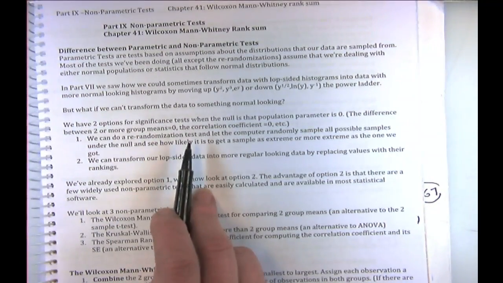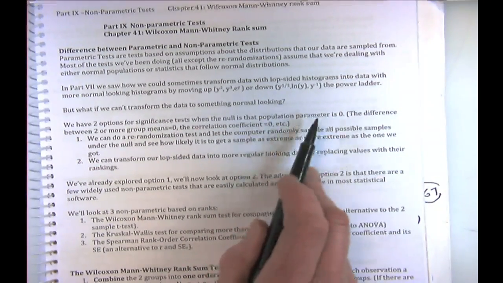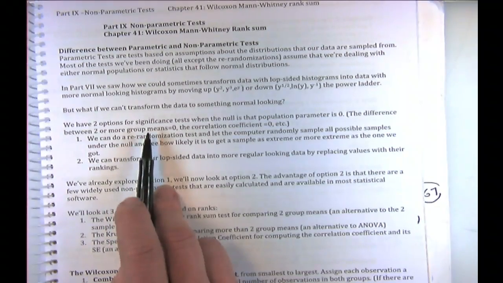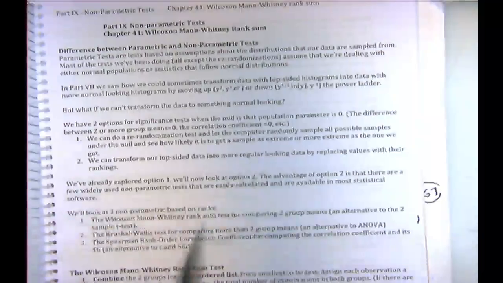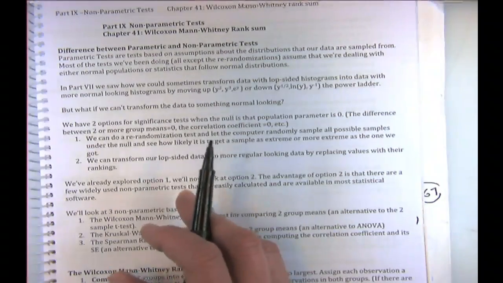These are all significance tests for testing what's called the strict null, that some population parameter is 0, or the difference between 2 or more group means is 0, or the correlation coefficient is 0. In other words, looking at what a random division of a set of numbers into 2 or 3 groups would look like.